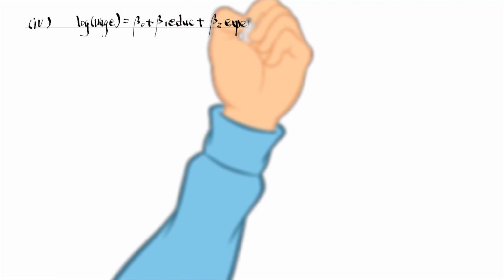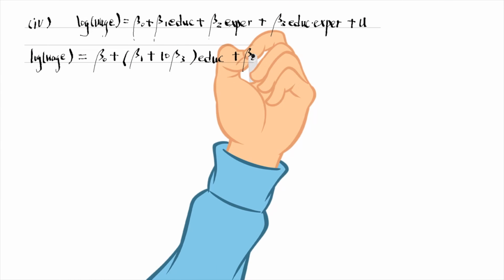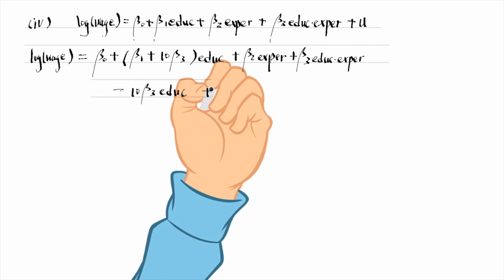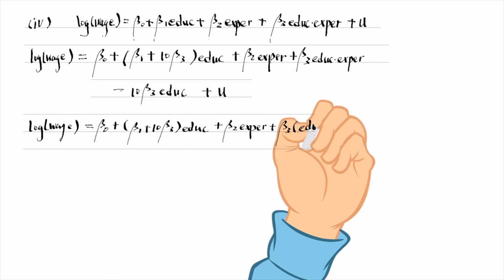For the fourth part, we rearrange the parameters to construct a new parameter, theta1. Theta1 measures the return to education when the experience equals 10 years.